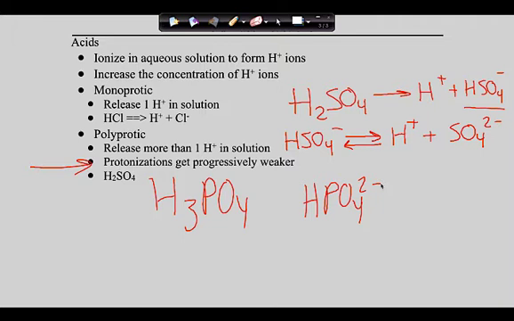So does that make it more acidic? It does, slightly. Guys, let's think through this. What if you have a 1 molar solution of HCl and a 1 molar solution of H2SO4? Which one is more acidic? The answer is H2SO4.